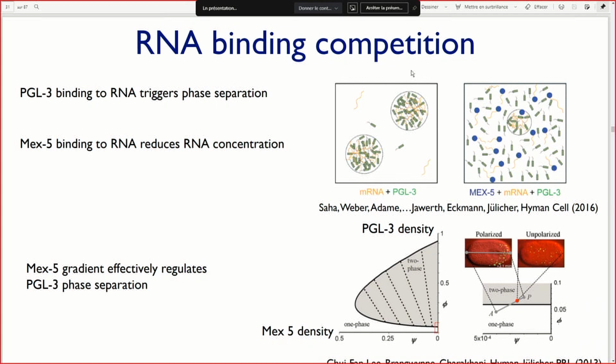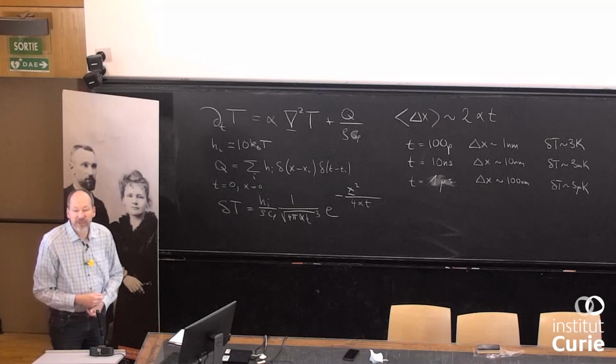So we don't need a direct interaction between MEX-5 and PGL-3, but by MEX-5 binding to RNA, it reduces the local RNA concentration, and then this favors phase separation of PGL-3. So this is a rather complex multi-component phenomenon that then leads to an effective phase diagram where the PGL-3 phase separation is MEX-5 concentration dependent.